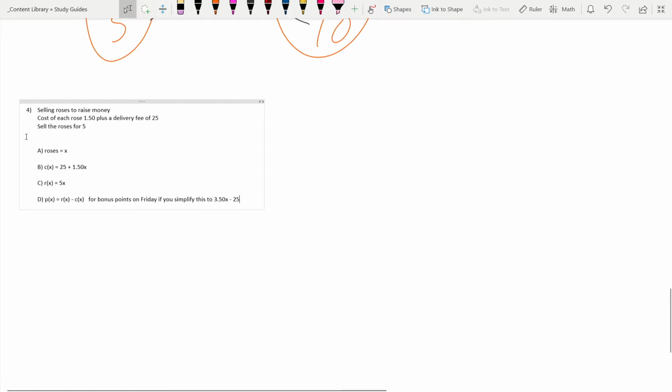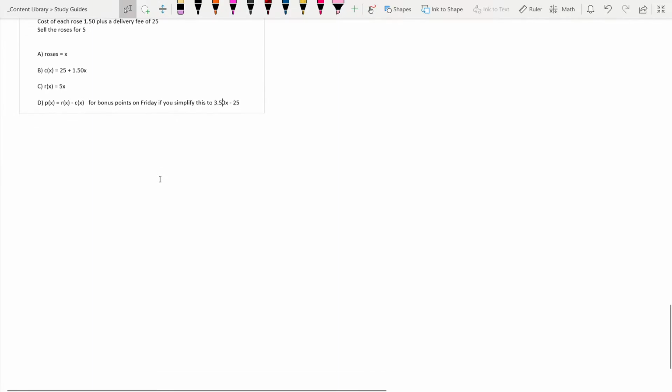And the reason it's 3.50 is if a rose you sell is $5, but it costs you $1.50, you make $3.50 off of each single rose. But at the end of your sale, you can't forget to subtract the $25 that you owe the delivery from the florist. All right, number 5.